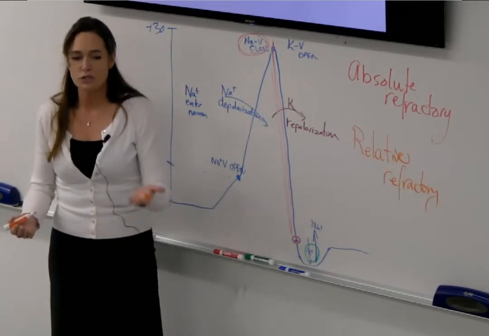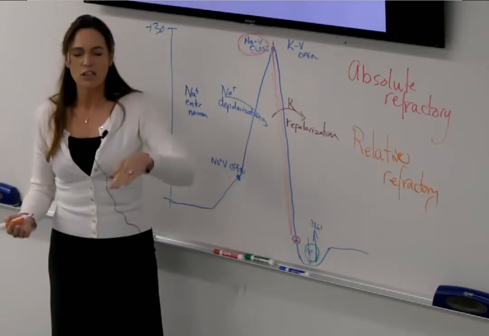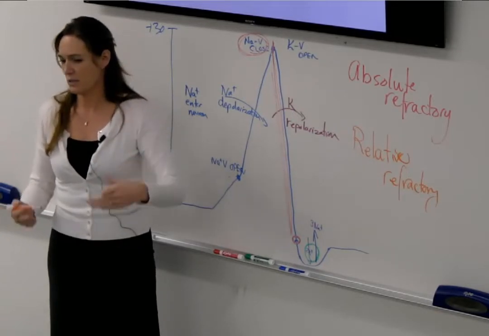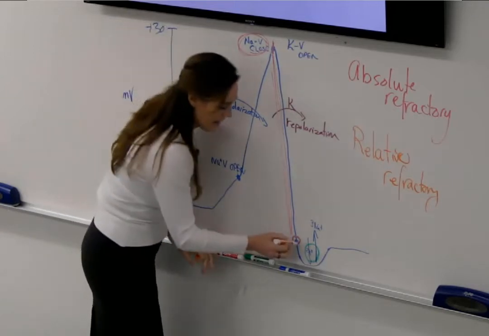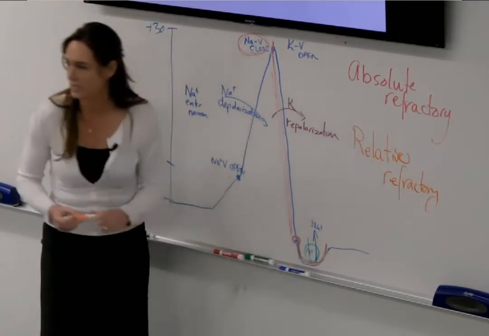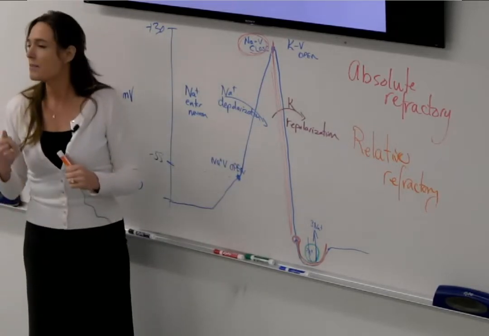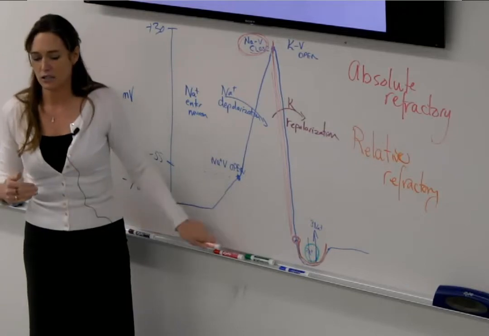So instead of just reaching threshold of that -55, it's going to need a greater stimulus to get another impulse going. And that happens at the same time as this hyperpolarization phase is occurring. So this means it can do another impulse, but it is not as likely to.